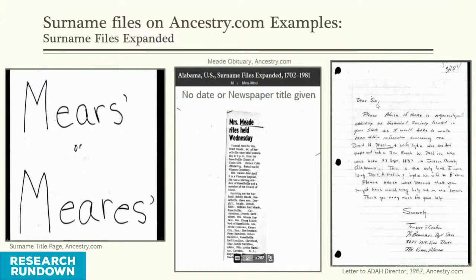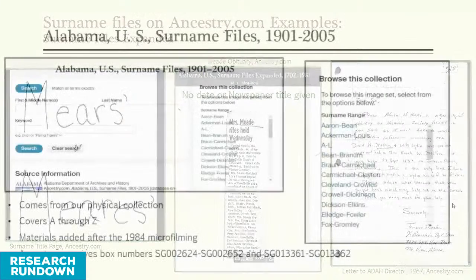And you can see it says, "Dear Sir," and the letter continues, and then it's got "Sincerely" and who wrote the letter. And this is from the Medlin item, and that's because this is what the letter is about. It's about a person with that surname. But this is an example of a letter written to the director. These will often be found in here.